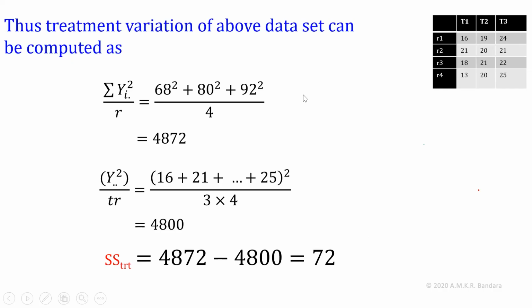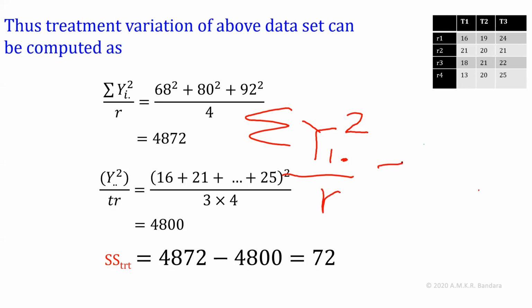Here in our formula to calculate the treatment sums of square, we have summation yi dot squared divided by r, minus the correction factor, that is y dot squared divided by t into r.